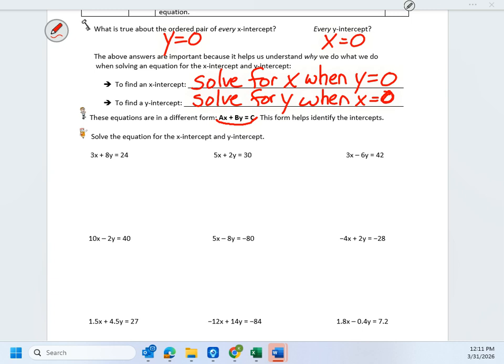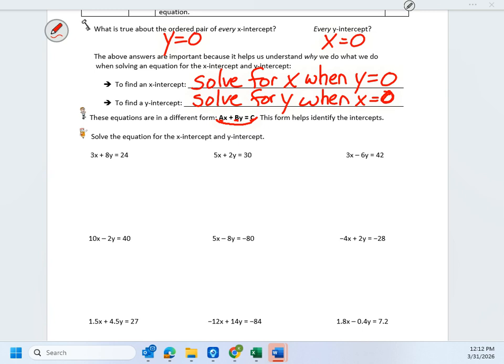So the A and the B and the C are going to be the numbers that we're seeing. Then you can see we have the X variable and that Y variable. So we're going to solve for both the X-intercept and the Y-intercept for each of these equations.